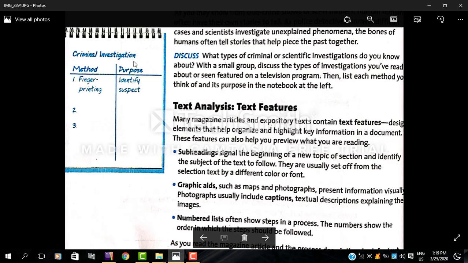I want you to put yourself in their shoes and imagine that you are a detective and you have some methods, some ways to help you know something. For example, they give us the fingerprint. Of course, we use fingerprints as detectives to identify the suspect, to know who did it, to know who the criminal is.